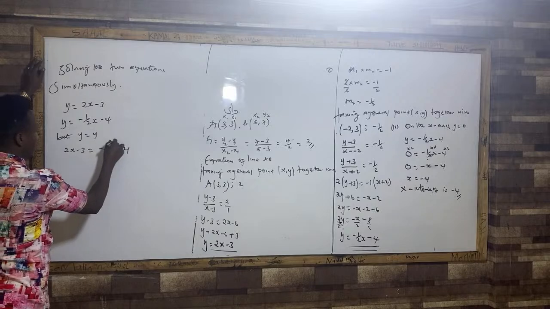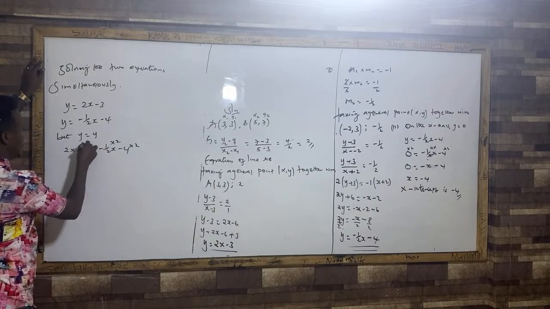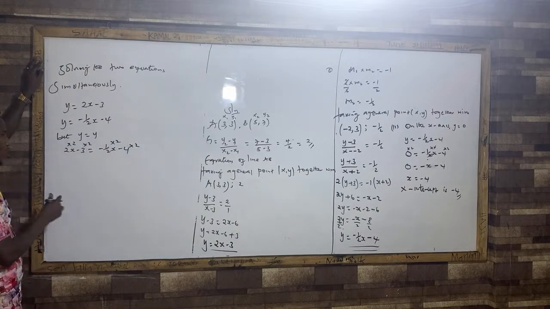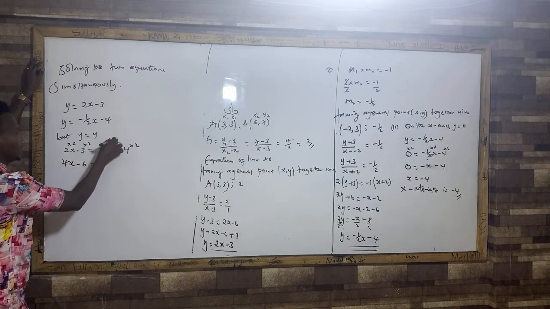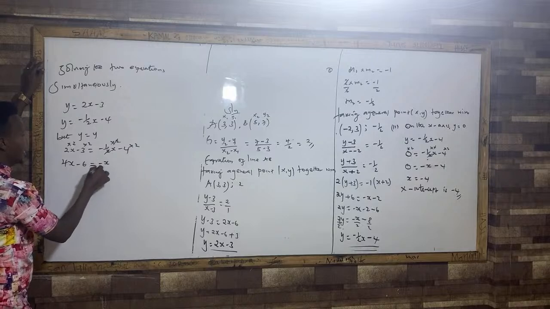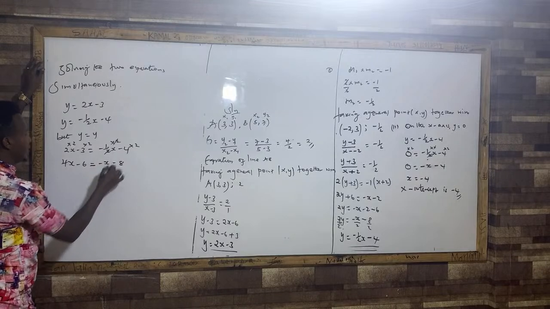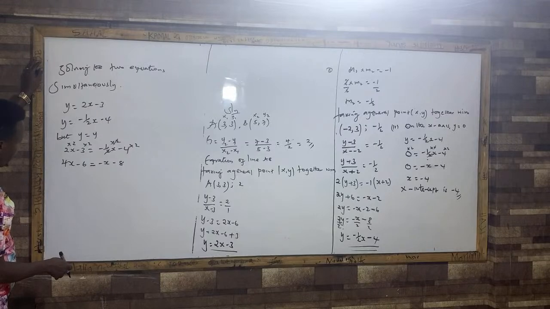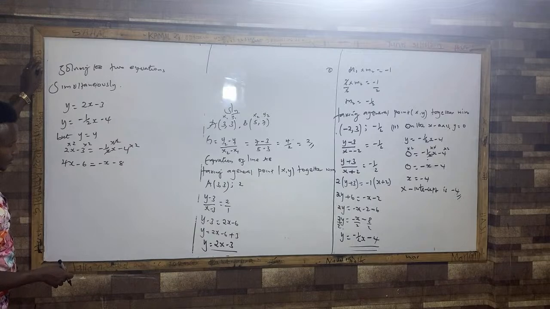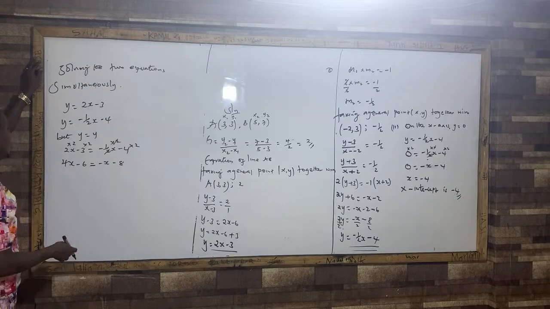Eliminate the fraction. Times 2, times 2, times 2, times 2. So it will be 4x minus 6 is equal to minus x minus 8. What are we going to do, guys? We will collect the like terms.